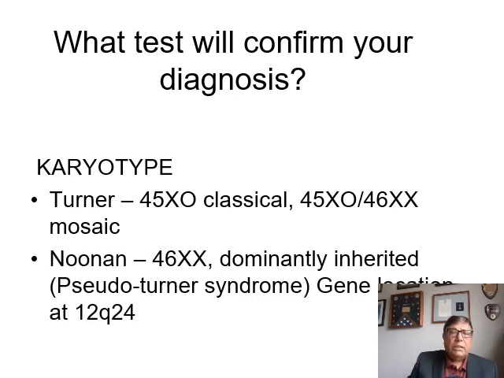Noonan syndrome, on the other hand, is 46,XX, dominantly inherited, both male and female affected, and the older name was pseudo-Turner syndrome. Still some people use it, and the gene location for this condition is 12q24.